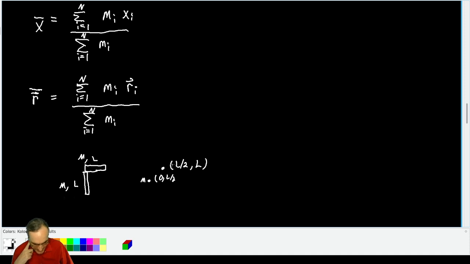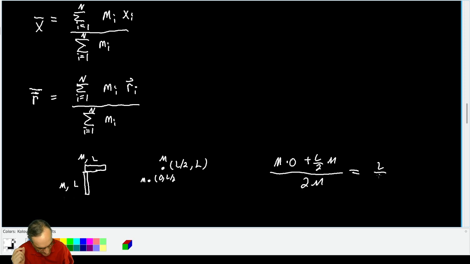We could now take these as two individual masses and use our method from above, treating them as point masses, to find the center of mass of these two rods together. In this case, if we were finding the horizontal center of mass, we'd have m times 0 plus L over 2 times m, all divided by 2m, so we'd get L over 4 in the x-coordinate.